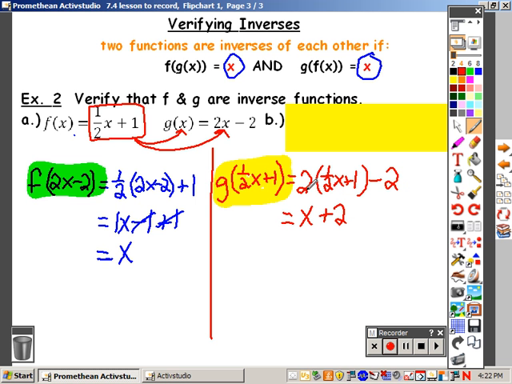I just had to distribute that 2 that was outside the parentheses. Now bring down the minus 2. Again, what do you see happens? Positive 2 and negative 2 cancel, and all that's left is x. So I took f, plugged it into g, and got x. I took g, plugged it into f, and got x, and that proves that those two equations are inverses of each other. And that's what the directions mean when they say verify f and g are inverse functions.